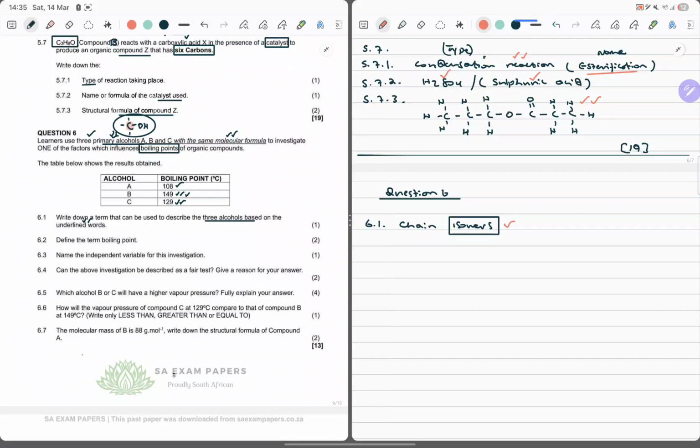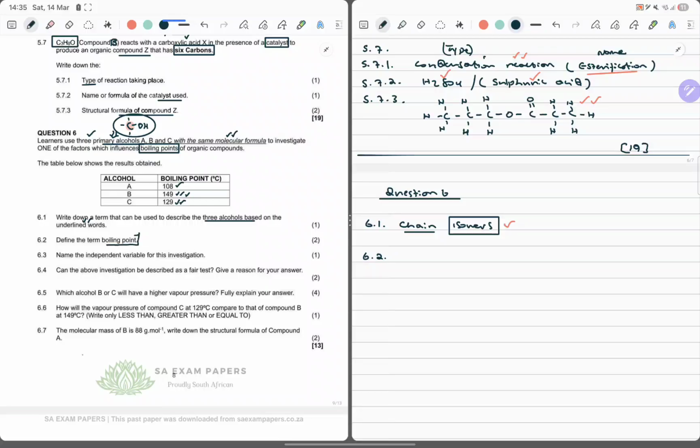But if this was 2 marks, I would lean on adding the word chain, because this is already telling us that it's just the chain length that changes, but the carbon bearing the functional group is the same for each. All right. As you can see, guys, some answers you need to be as technical as possible to be exact.